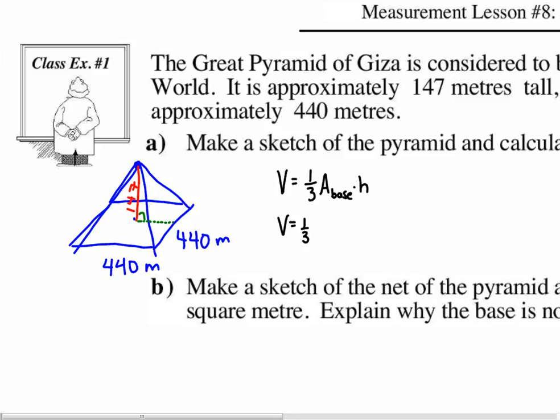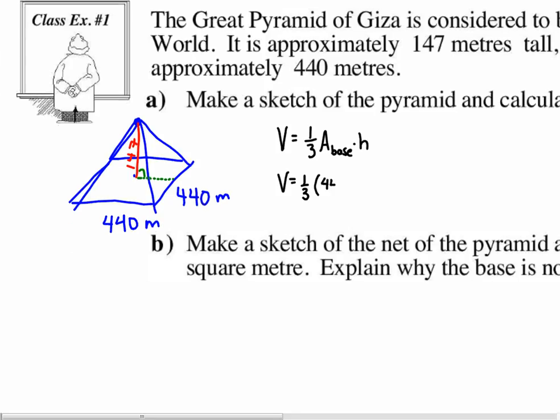Length times width. So it would be what times what? 440 times 440, or you could also use 440 to the power of 2, and then multiplied by the height. I'm going to use a dot there instead. What's the height?